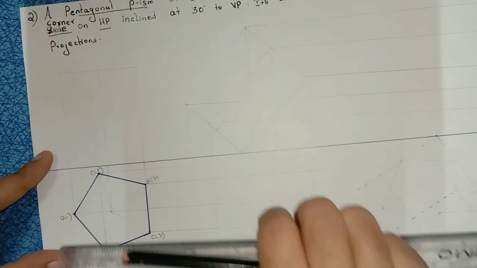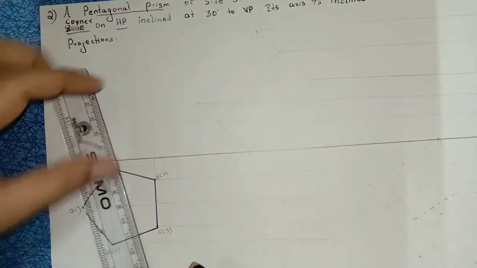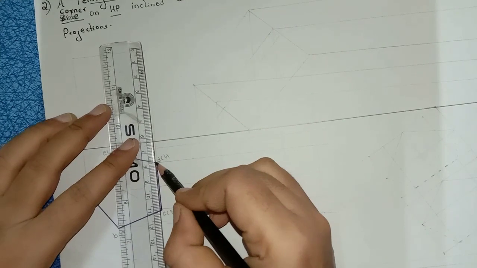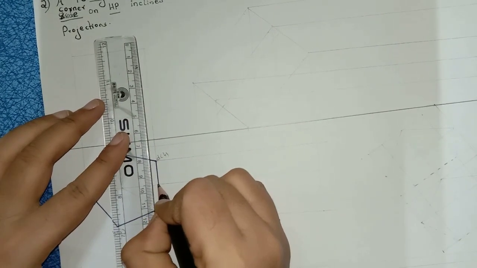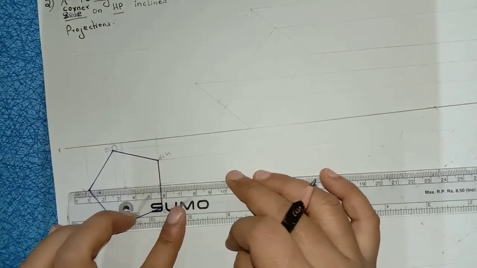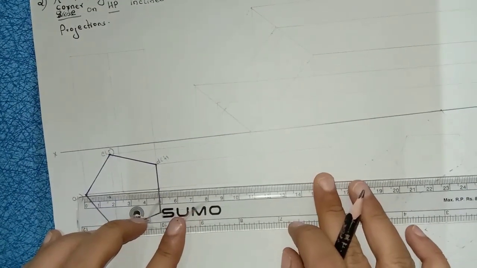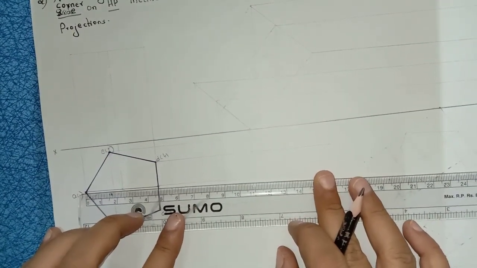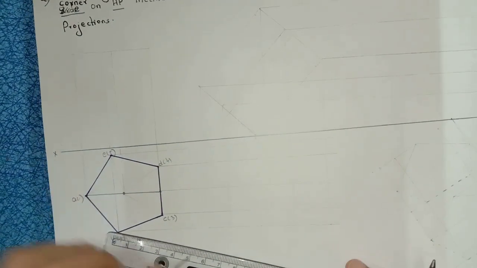Now after constructing the pentagon, mark the midpoint of the pentagon. Now you see from D to C length is 30 mm, so mark the midpoint for 30 mm, 15 mm, right? Now through this midpoint draw a line which is passing through this corner. Now measure that line, mark the midpoint for that line, right?